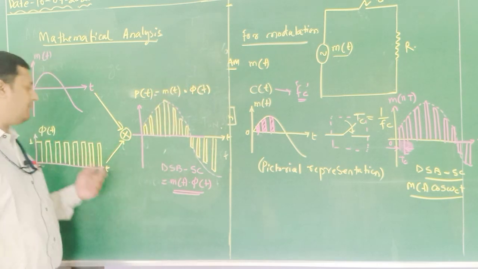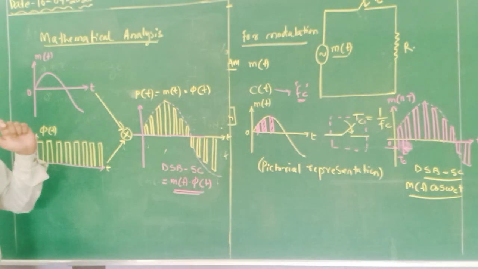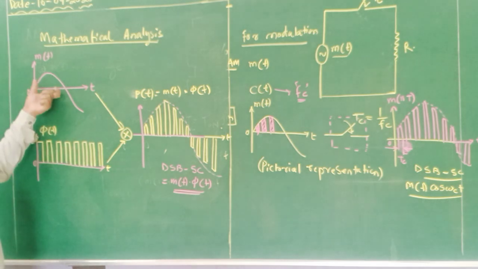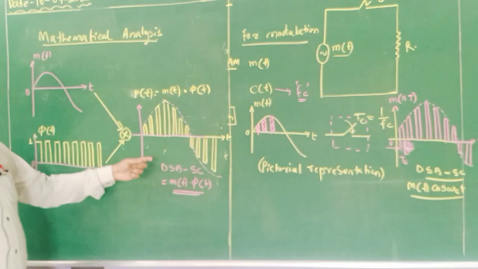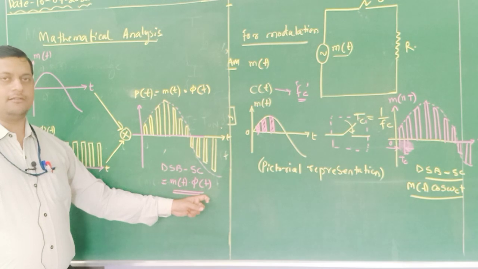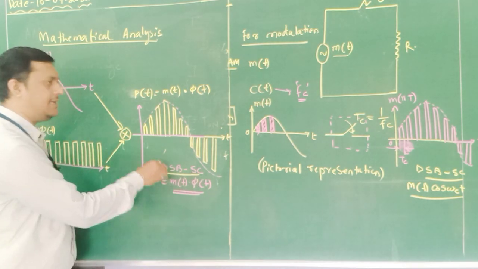Phi of t here we have considered as a pulse train whose amplitude is 1, and T on and T off is a time period Tc, and it is a periodic signal whose periodicity is Tc. This is multiplied with my modulating signal, and the resultant is my modulating signal with carrier. So here I will say it is called a DSB-SC signal.